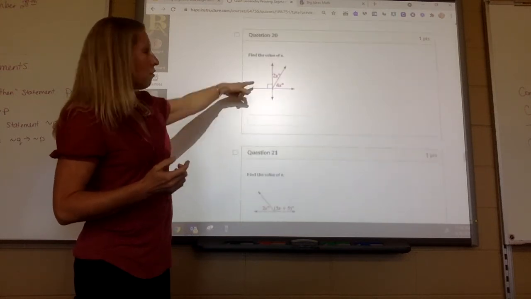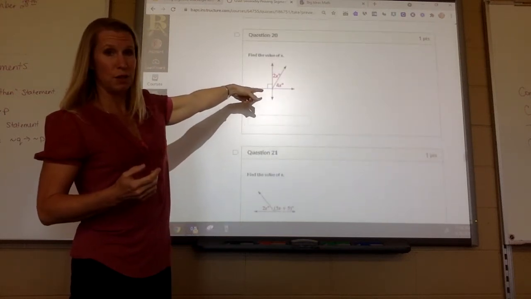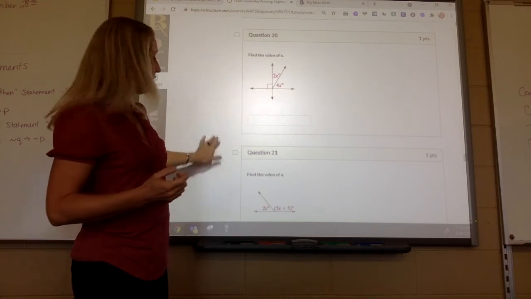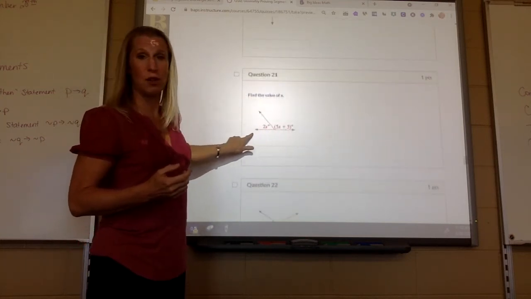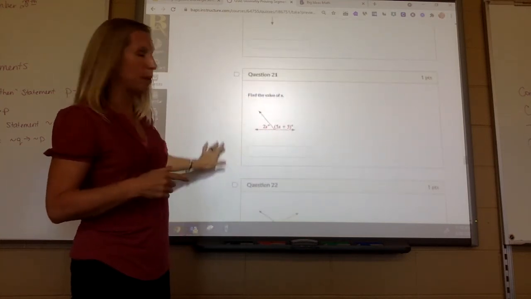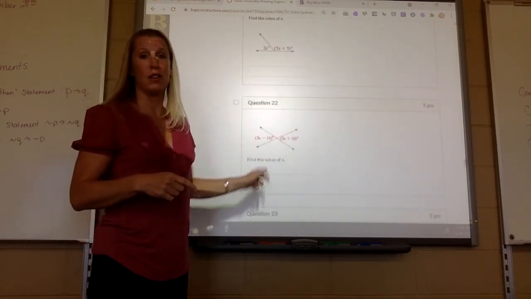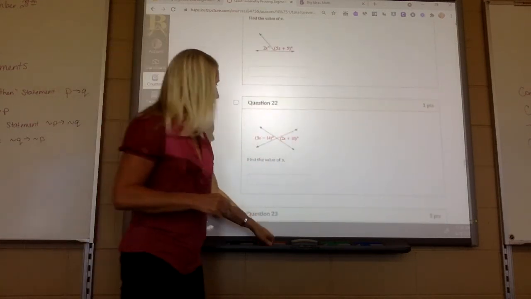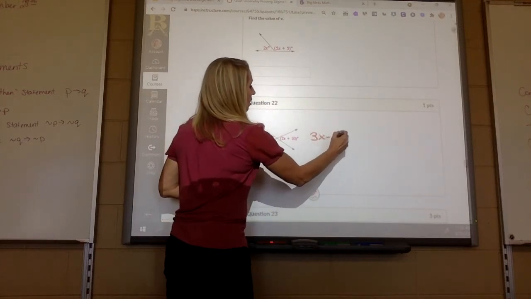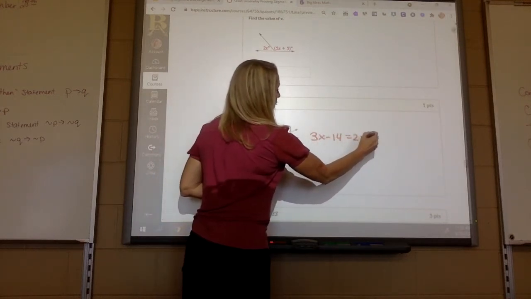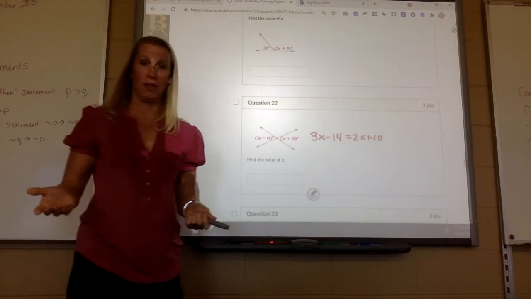Proofs, review. Those would add to 90 because that's a right angle. These would add to 180 because it's a linear pair. Vertical angles equal each other. 3x minus 14 equals 2x plus 10. And then you solve it.